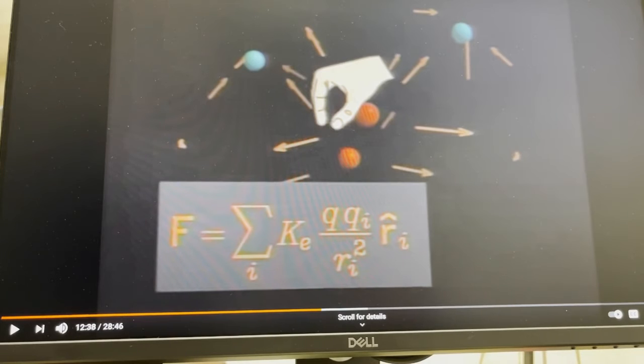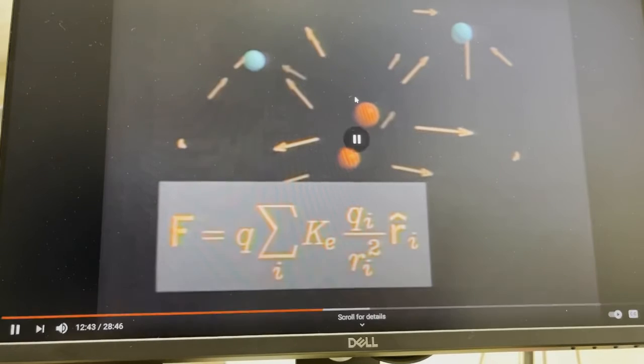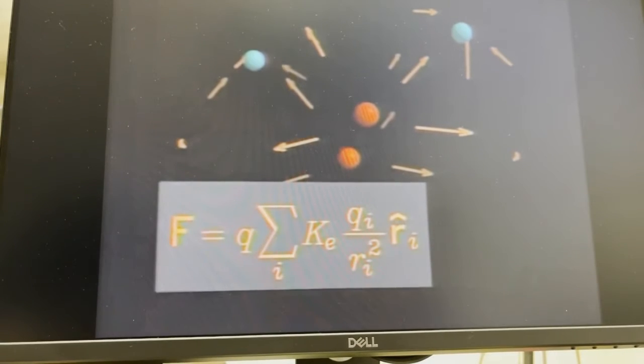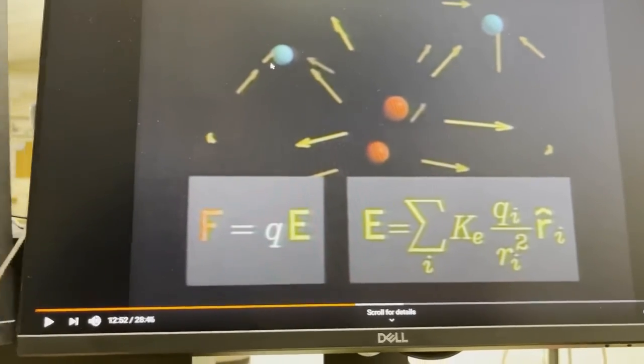Now, watch what the zombie hand is going to do. Test charge times a quantity due only to the other charges. Whoa, what just happened? He pulled it out and put it in front. That quantity is the electric field. Oh, look at that.